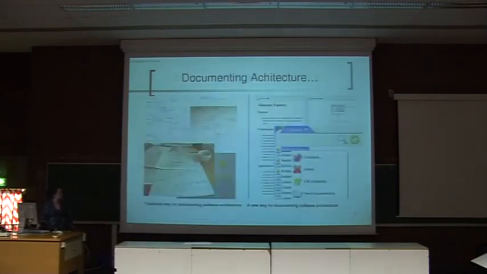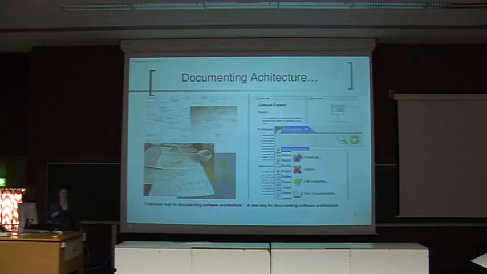So, in this picture, you can see the traditional way in which software architecture is often documented in companies. People use all kinds of whiteboards and flipboards, and they draw pictures there, and when the board is wiped, then the information is only in the heads of people, and if these people get hit by a bus, then there's a big problem.